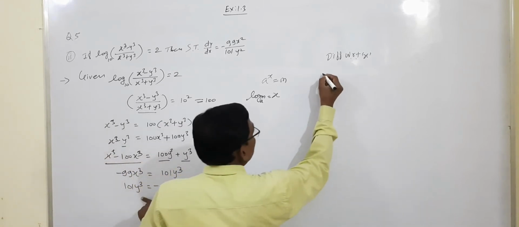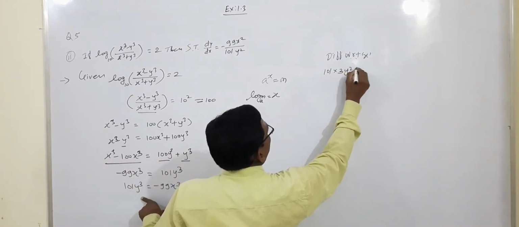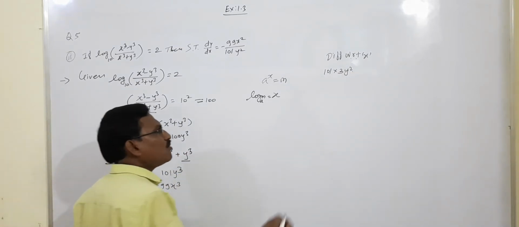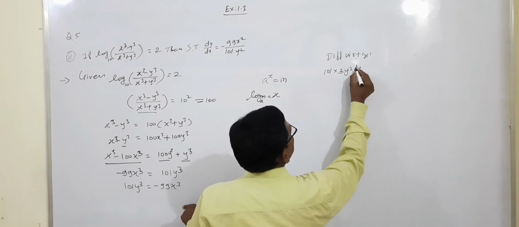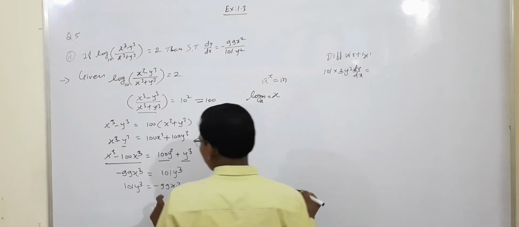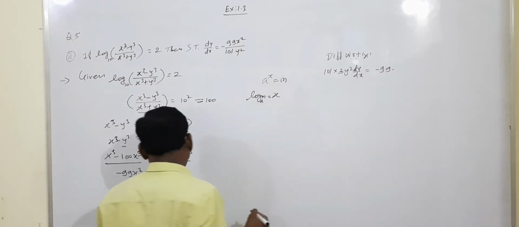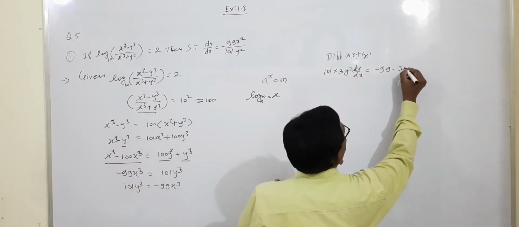So derivative of y cube is 3y square into, again here by chain rule, derivative of y with respect to x is dy by dx, is equal to minus 99 is a constant into derivative of x cube is 3x square.